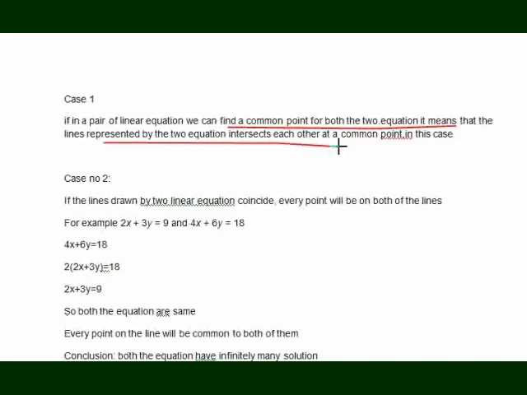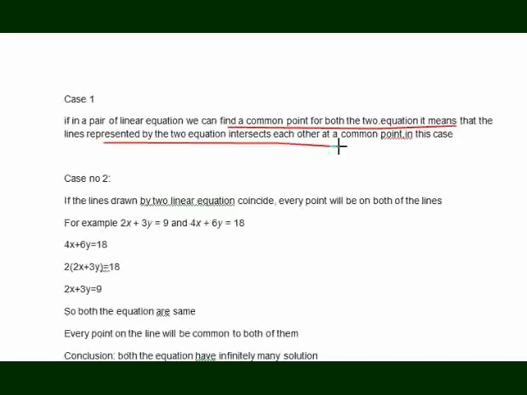I have already made some graphical representations of linear equations, and we have seen that in many cases two lines intersect each other, in some cases two lines are parallel to each other, and in other cases the lines coincide. So we will discuss the three cases in this video.